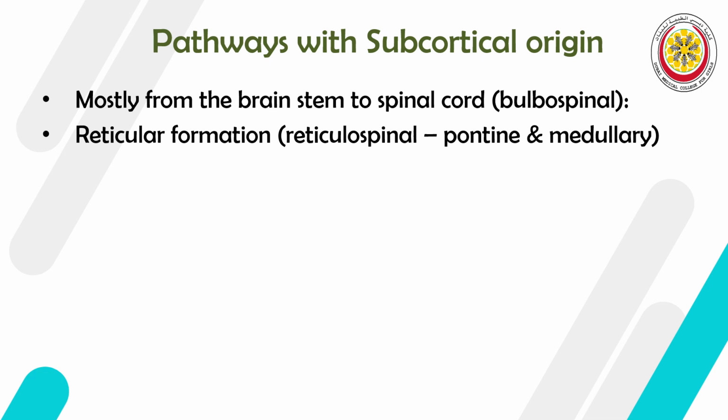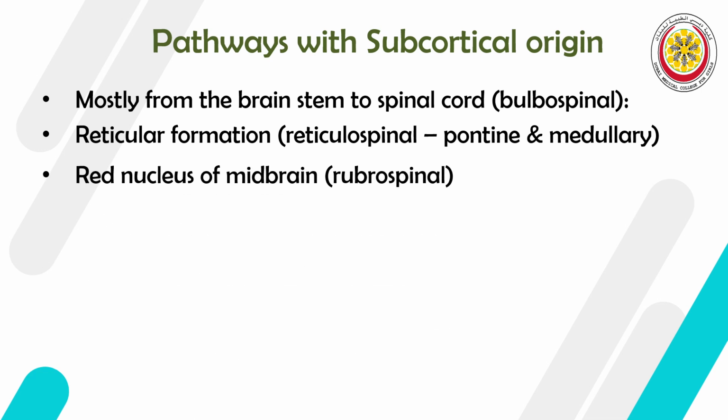Now, these are those which we didn't discuss last time, which is the bulbospinal tract. Mostly, of course, from the brain stem to the spinal cord. The largest one is the reticulospinal, and it has a part that comes from the pons and a part that comes from the medulla.